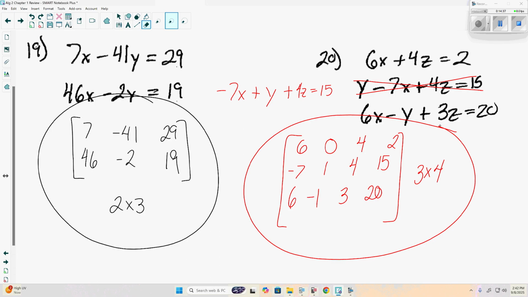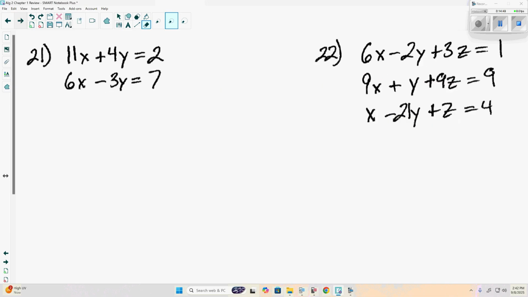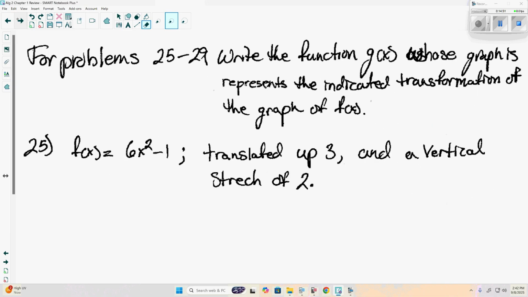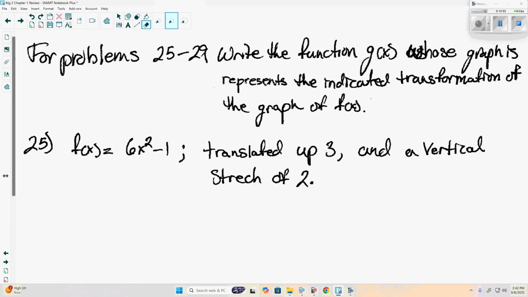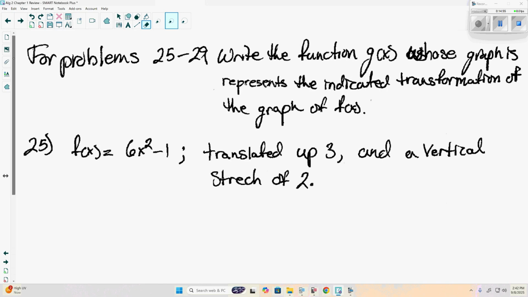Any questions on 19 through 24? If we feel good with writing these matrices in augmented form, we'll move on to 25 through 29, really 31.